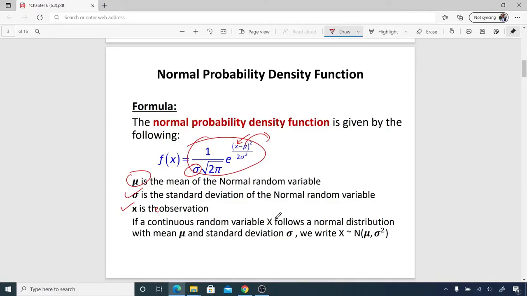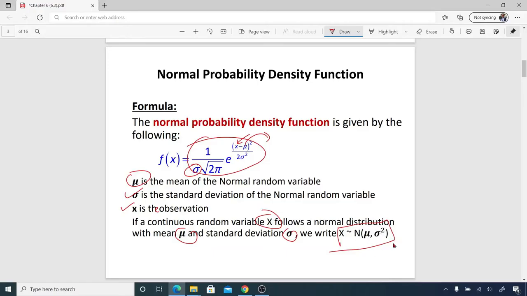If a continuous random variable x follows a normal distribution with mean mu and standard deviation sigma, the notation we write is x follows a normal distribution with mean mu and variance sigma squared. This is how we write it.